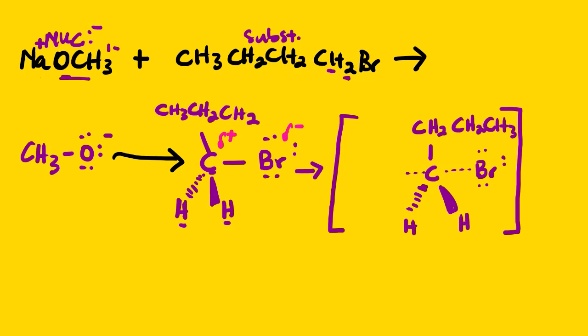And then we also have dotted lines when the bond forms between our nucleophile and that particular carbon. This is what we call a transition state. And then once this happens, we are going to have something like this.